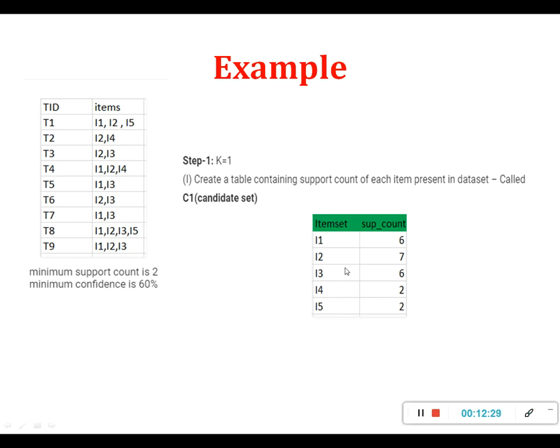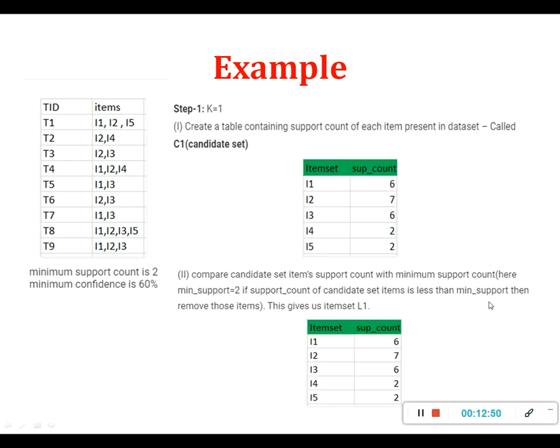Now I will say that a particular item is frequent only when it satisfies the equation for frequency. What is the equation? Its support count should be greater than or equal to the minimum support count. What minimum support count is given? Here it is given as 2. So we have to check for that.